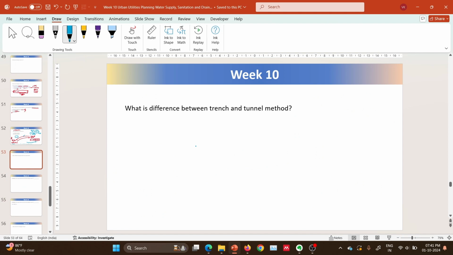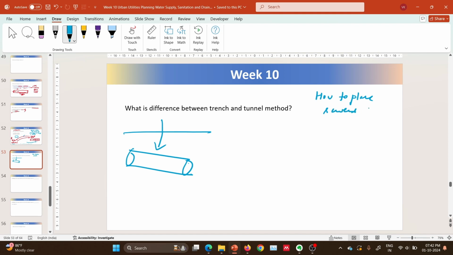What is the difference between trench and tunnel method? These are the two methods to place sewers. If we see the sewers, they look like this, and we can simply draw them. But how do we place sewers below the ground? There are two methods.